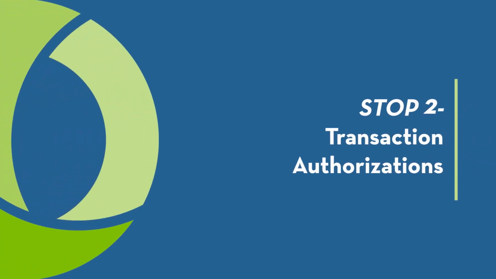Step 2, transaction authorizations. Documentation becomes dispute defense. Authorizations remain one of the top areas driving fines and enforcement. Missing authorizations, invalid authorizations, or simply being unable to produce them when NACHA requests them. I like to think of authorizations kind of as your risk shield.